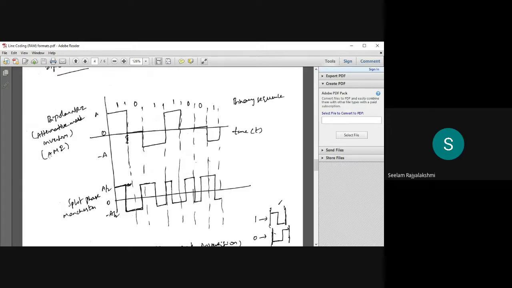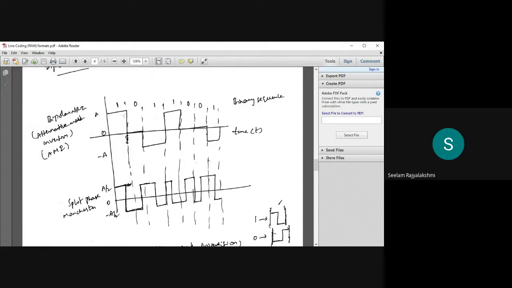If you consider bipolar NRZ, or alternate mark inversion, let us see. Here the binary sequence is 1 0 1 1 0 0 1 on the time axis, with a 0 level, and we have positive and negative values, and non-returning to 0.